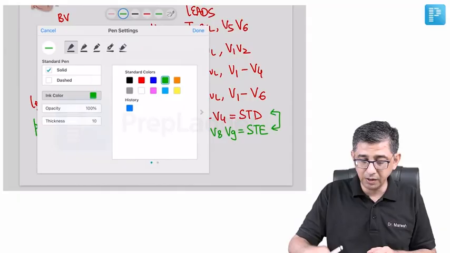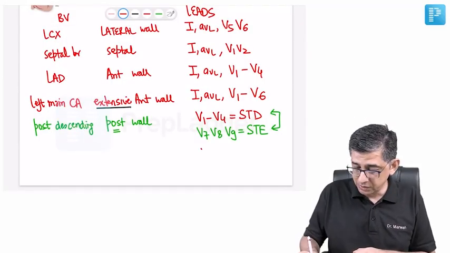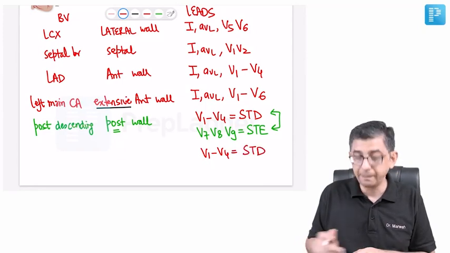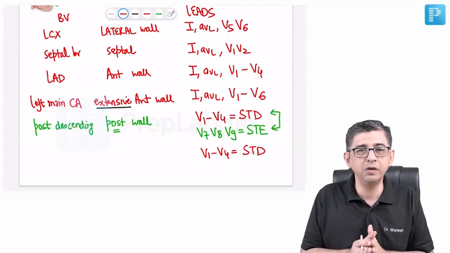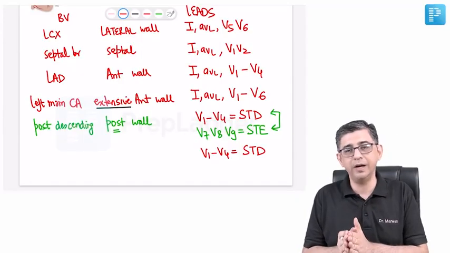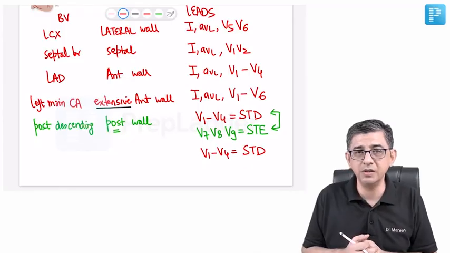I'll say that fact once again. Give me undivided attention and listen to what I'm saying here. Suppose you get a question in the exam in which V1 to V4 is having a ST depression, and there is no information given for V7, V8, V9, or let me say, V7, V8, V9 were put and ST was not showing any changes.